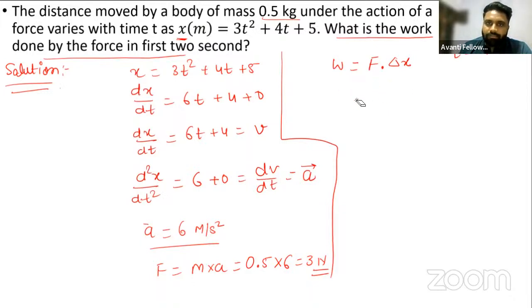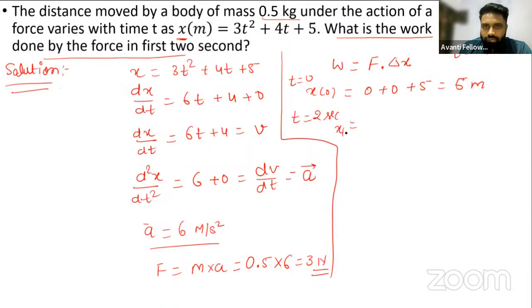Now we will have to calculate the value of x at 0. Put t equals 0, so it will be 0 plus 0 plus 5, which is 5 meter. At t equals 2, x is 3 into 2 square plus 4 into 2 plus 5, which means 12 plus 8 plus 5.